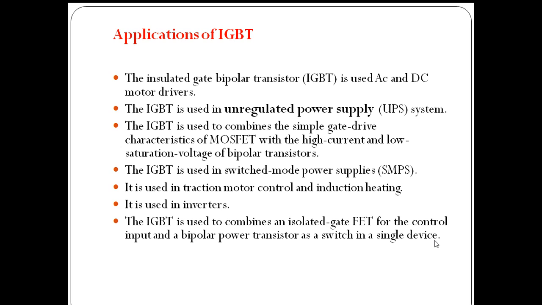It is used in traction motor control and induction heating. It is used in inverters. IGBT combines an isolated gate FET for the control input and a bipolar power transistor as a switch in a single device.